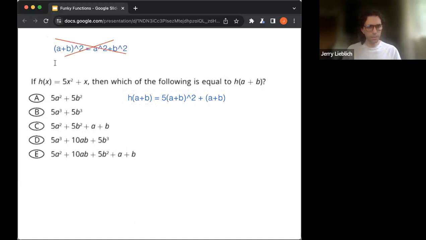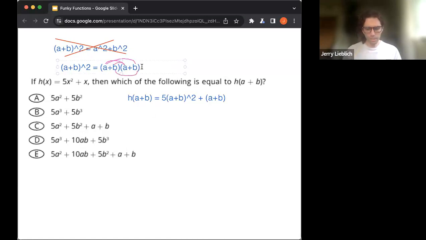So it's worth just foiling it out in case this is new to you. A plus b squared is equal to a plus b times a plus b. And like any pair of binomials, we have to use FOIL, right? So a times a plus a times b plus b times a plus b times b.